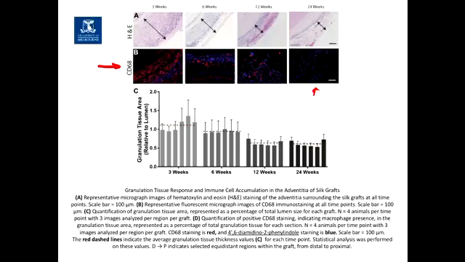Collecting this sort of data to then go into more, I guess, larger animals. These were done in rats before going into human trials. So it's these sorts of experiments that you need to do beforehand to show proof of principle that it is working. You've made something that is improving what there was before, or it works better than what is currently being used.